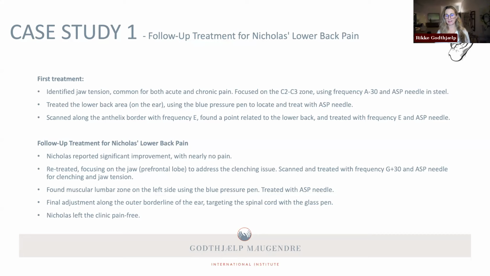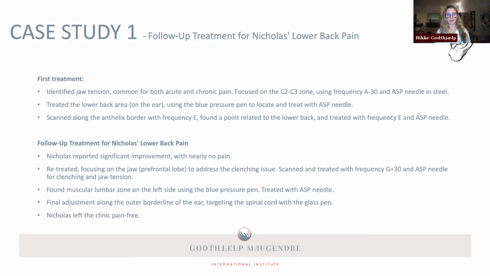So if you want to treat clenching, one of the things you do is search on the prefrontal lobe. And if you use frequencies, as I do, G plus 30 would be a very good thing to search with for this. I search with G plus 30, and then I treat with G plus 30.